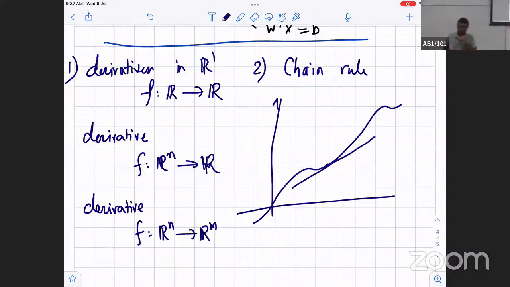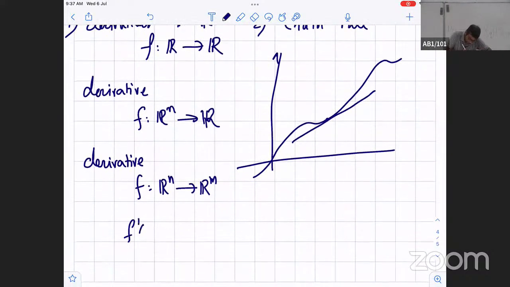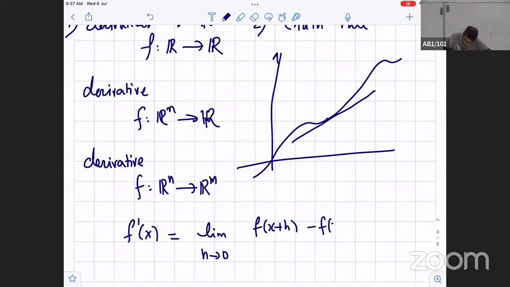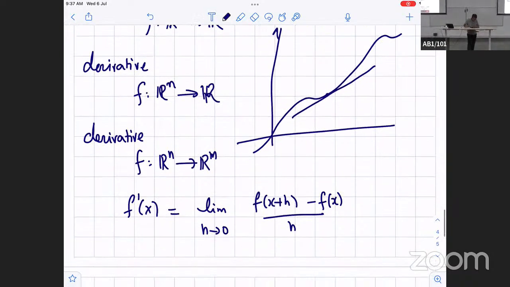If you recollect, f dash of x is defined as the limit as h tends to 0 of (f of x plus h minus f of x) divided by h. Wherever this goes to, that is the derivative. You have seen this in class 12th or class 11th. So this is the derivative in R1.